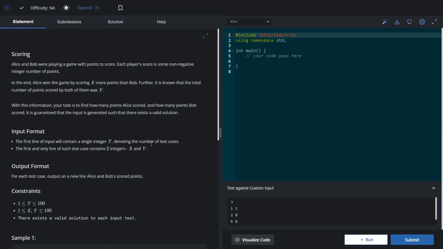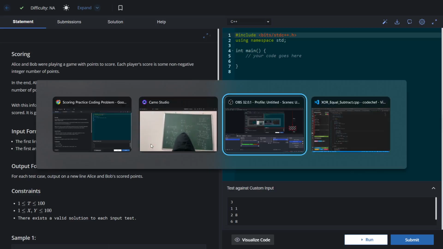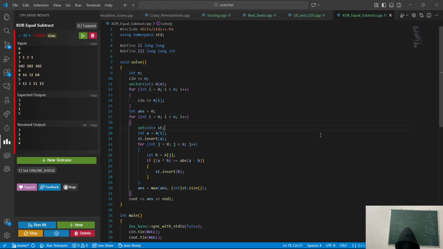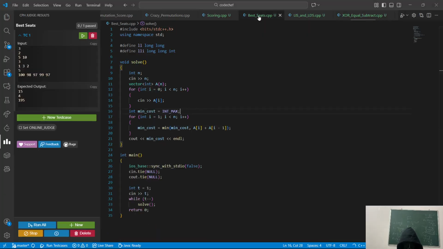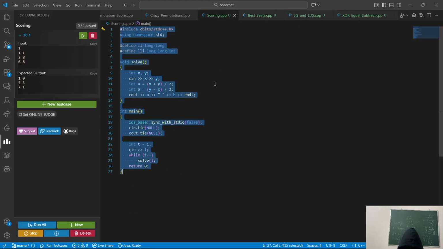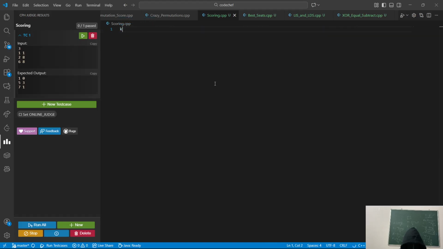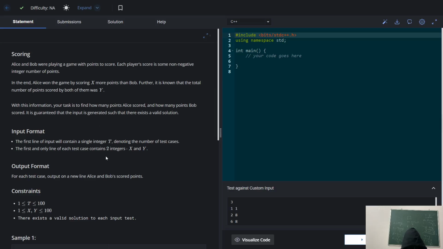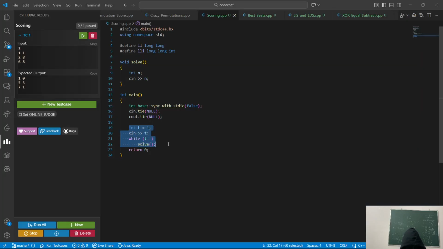So let's solve this using code. It was easy only. Basically, we need to figure out the equations and solve them. We have input test cases, and for every test case we have X and Y. For every test case I'm calling the function solve, and solve is here.